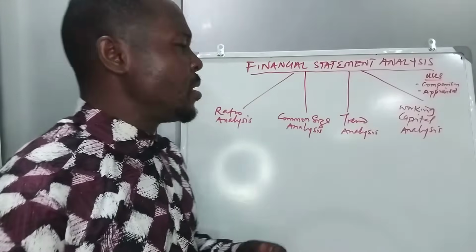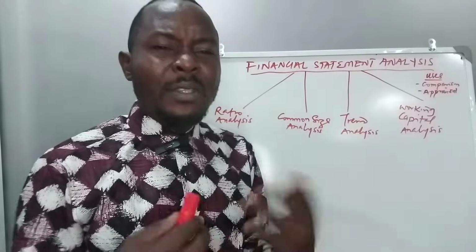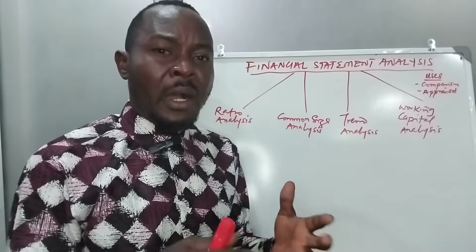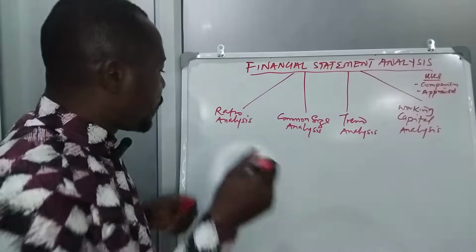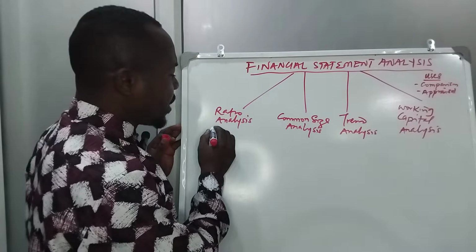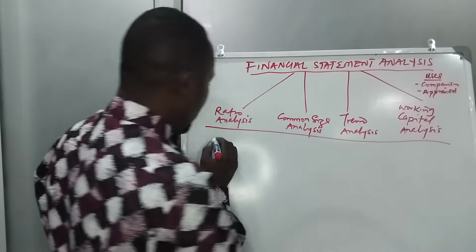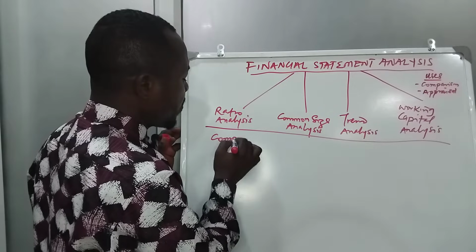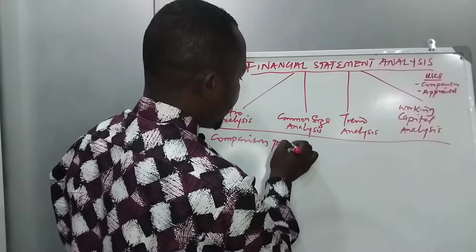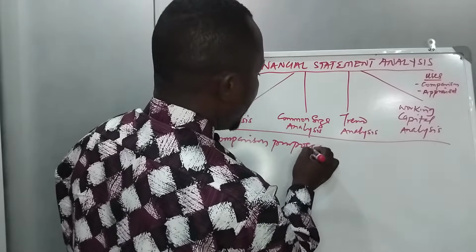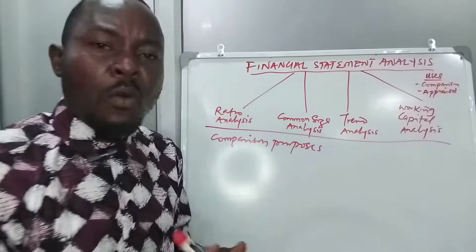What are the uses of these tools? What are the objectives? What do you want to achieve by using these tools? Number one, we use them for comparison purposes. Now, if you say comparison purposes, what does it mean?